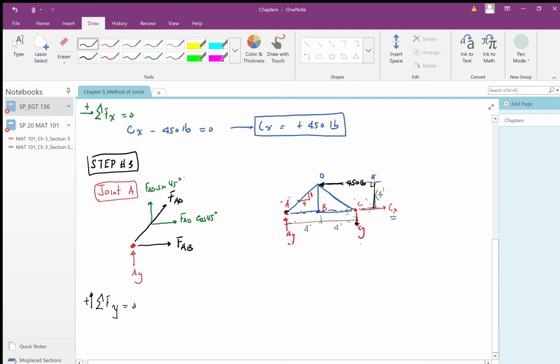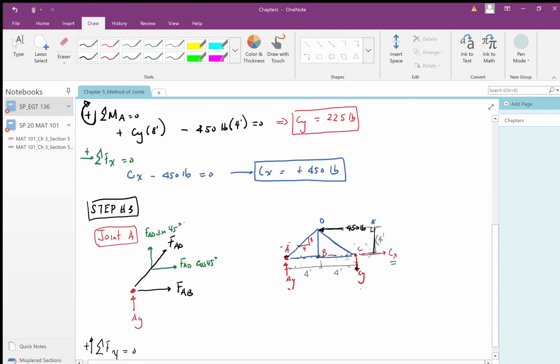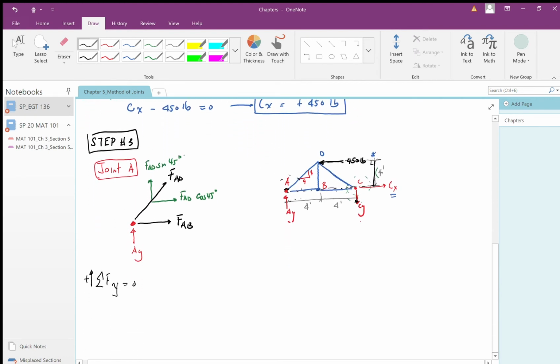My AY was 225. So the sum of the forces in the Y direction will give me AY plus FAD sine 45 degrees equals 0. My AY is 225 pounds. I want to find FAD, right? So I'm going to solve for FAD.